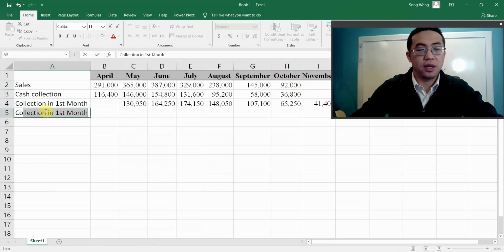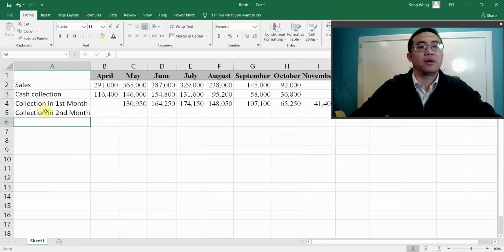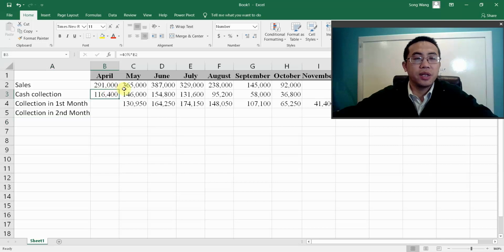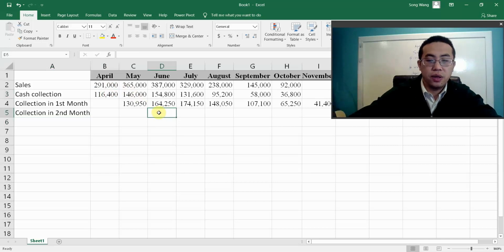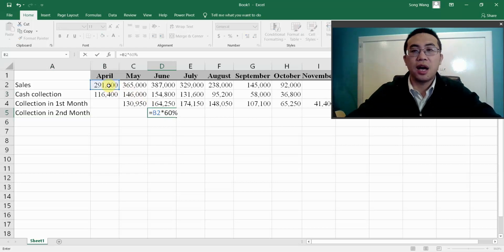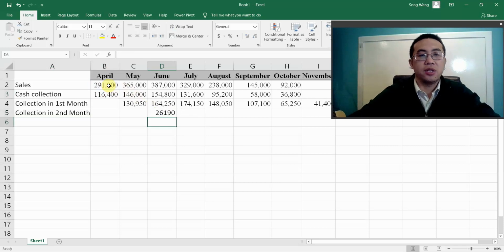And also I can write the collection in the second month after. For April sales, the second month after April is June. So I'm going to use April sales multiplied by the remaining non-cash portion, 60%, and multiplied by 25%.